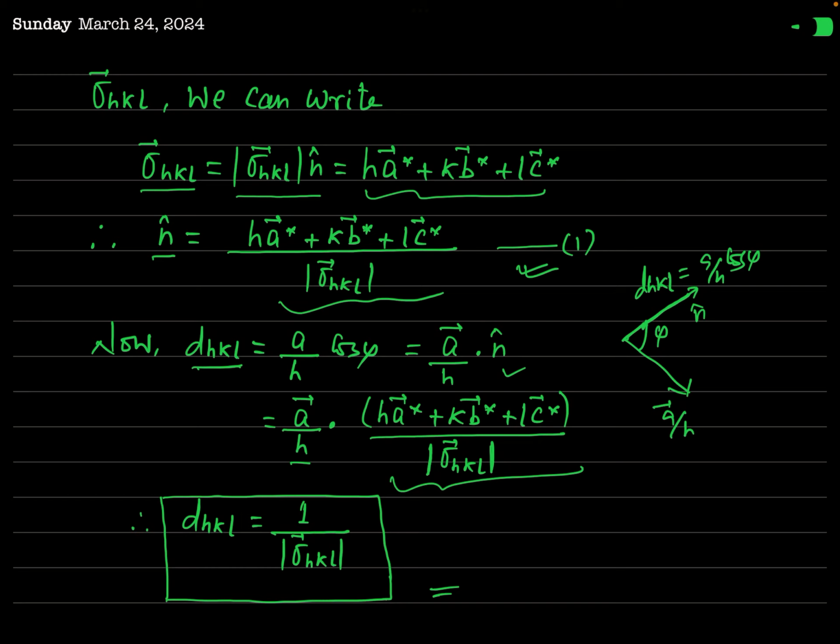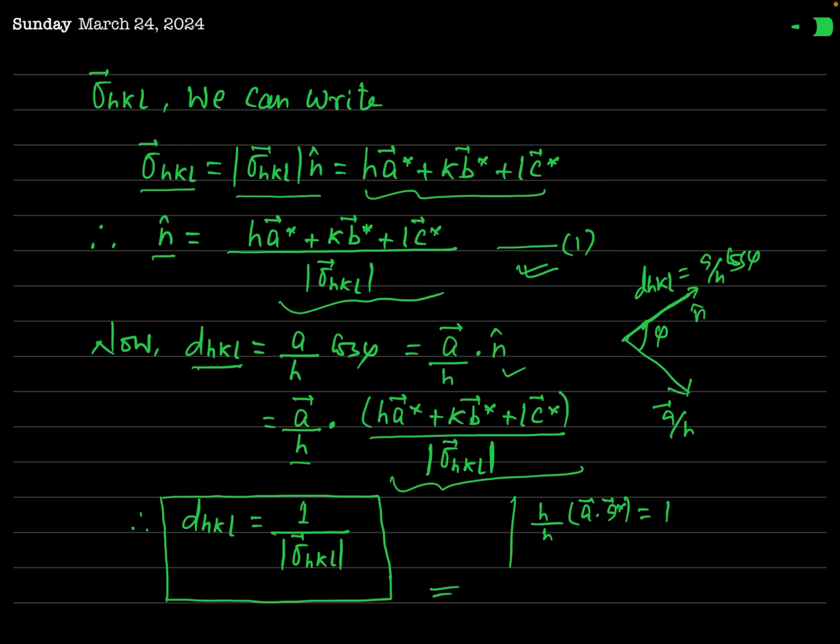Now take the scalar product. When you take the scalar product of a by h with the first term, there will be h over h times a dot a star, and you know a dot a star is equal to 1, so this will be simply 1.